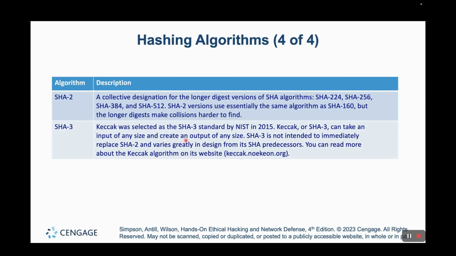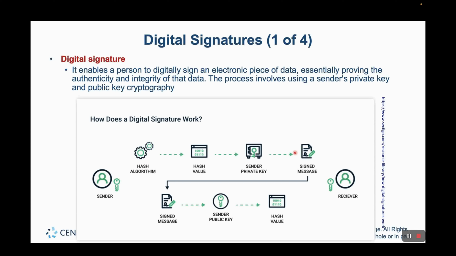SHA-3 became the standard by NIST back in 2015, and what's special about it is that it can take an input of any size and create an output of any size. It's not intended to immediately replace SHA-2. However, if you'd like to read more about it, you could visit this website.